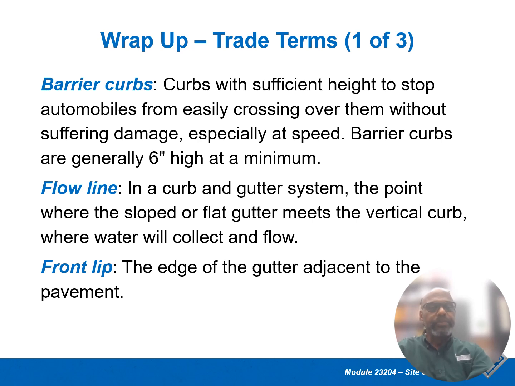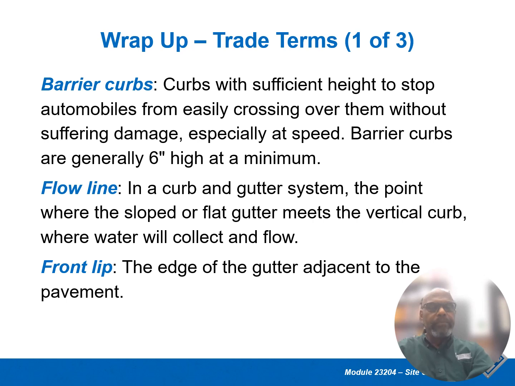Flow line. In a curb and gutter system, the point where the sloped or flat gutter meets the vertical curb, where water will collect and flow. So in other words, a flow line is the inside corner of a curb.